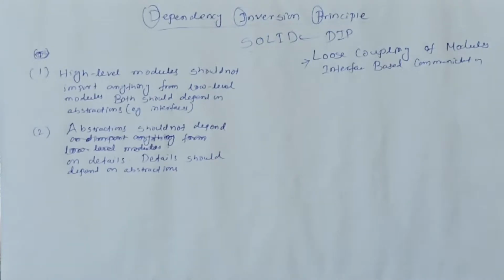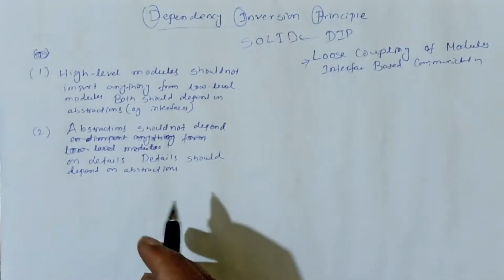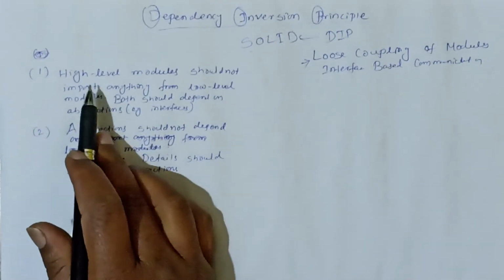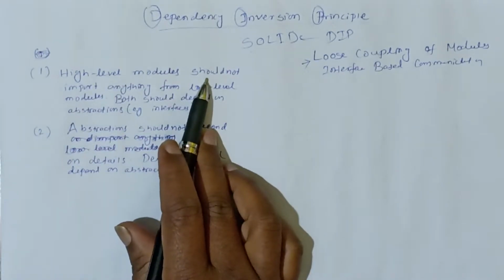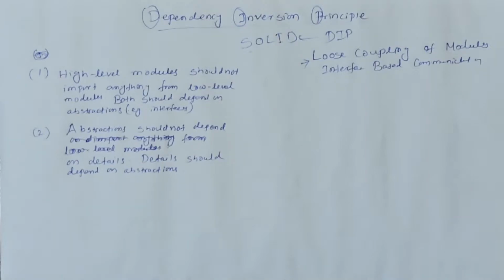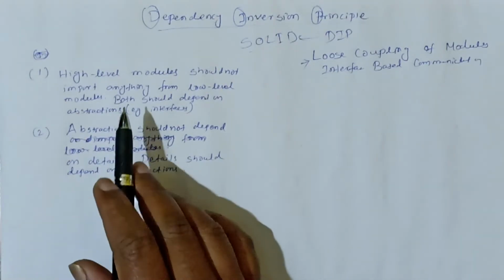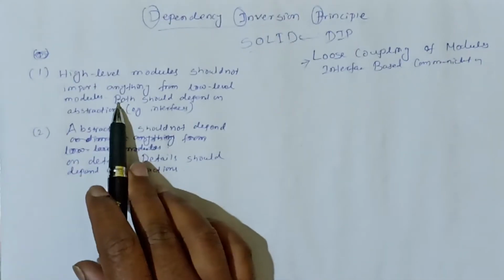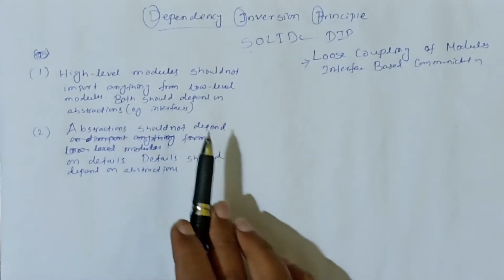It tells two things to achieve this loose coupling. One is that higher level modules should not import anything from lower level modules. Here, higher level module means the above line, we can say it's the interface or abstractions.